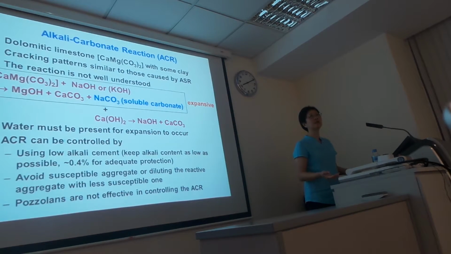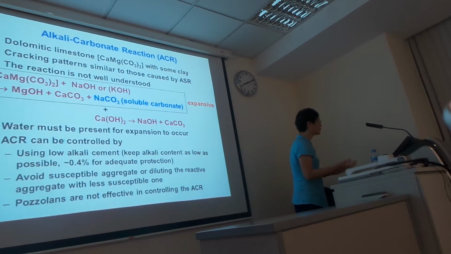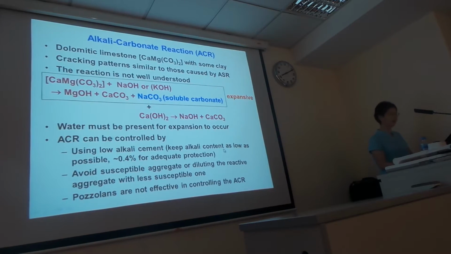Oftentimes it's expensive. So if the aggregate you have is reactive and you say, I don't want to use it, if everything has to be transported from other locations, it becomes very expensive. Therefore, sometimes people do use good aggregate mixed with the so-called problem aggregate.